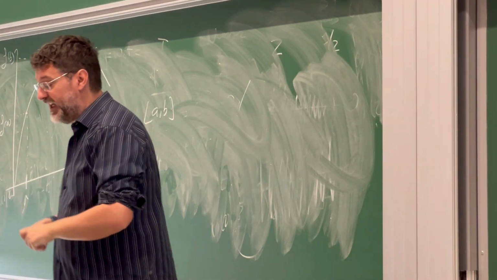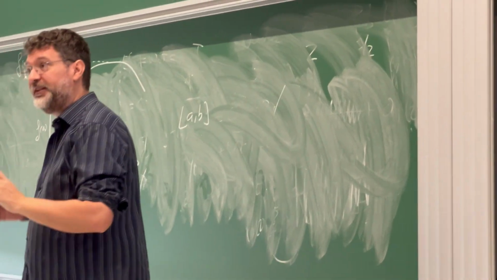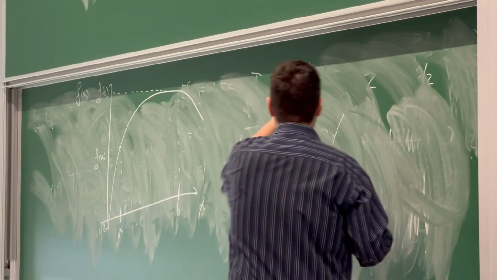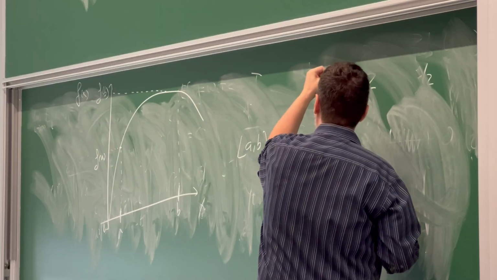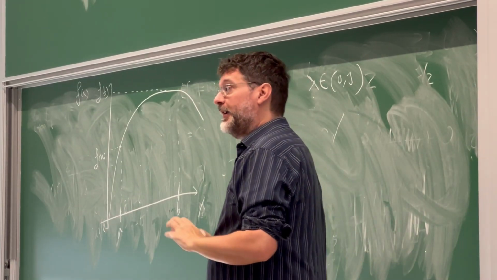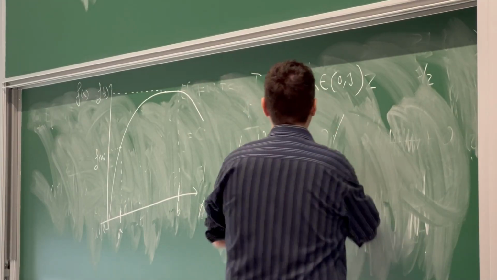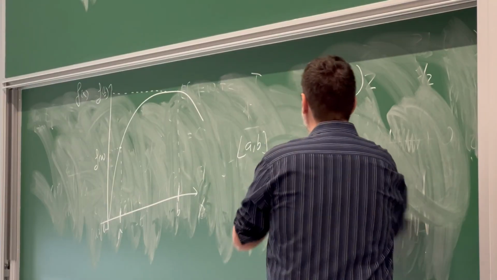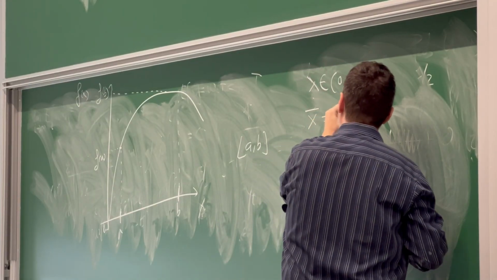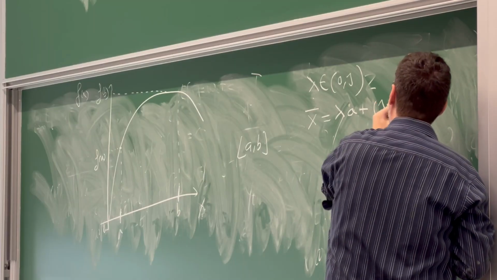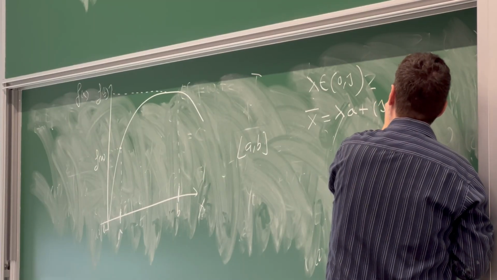Now, we characterize concavity or convexity by saying for any lambda, so I'm going to give you a value, lambda, in the 0-1 interval. And I'm going to create a point, x bar, that weights A and B like this.